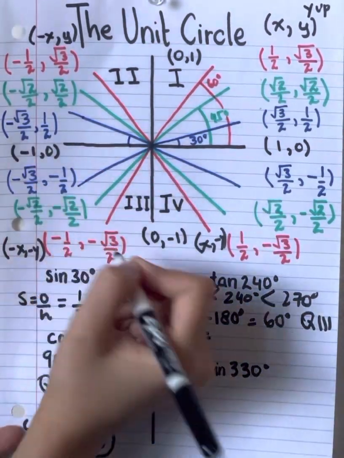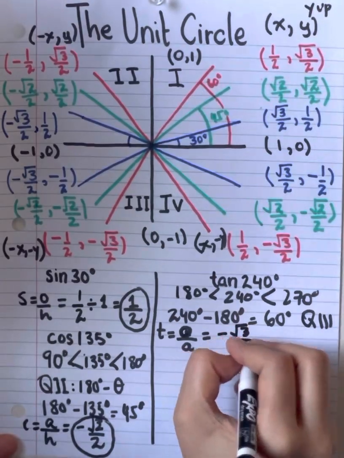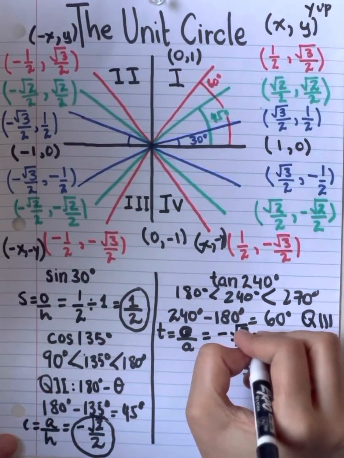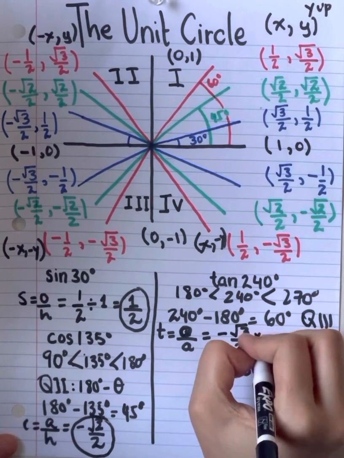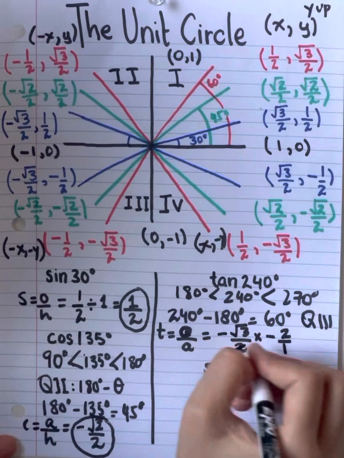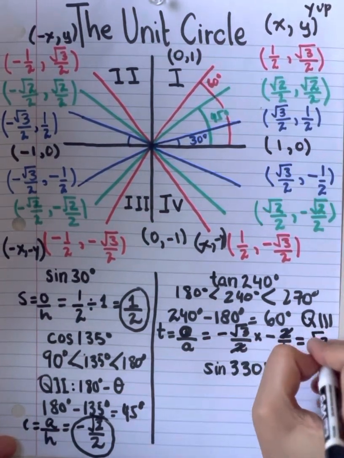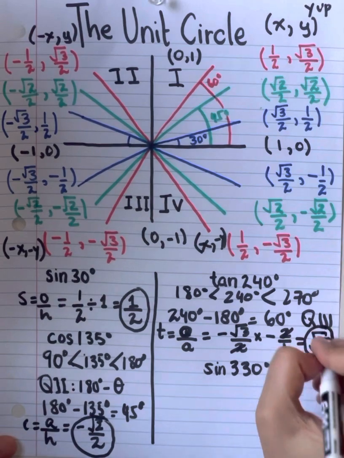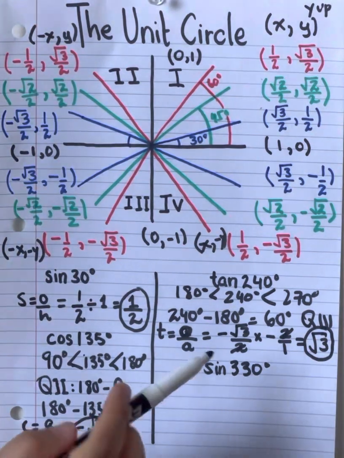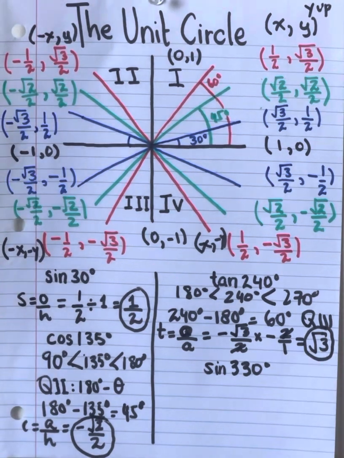So y is minus square root 3 over 2, times that by minus 2 over 1. So here we got cancelled, and our answer is going to be square root 3. So our tangent 240 degrees is equal to square root 3.